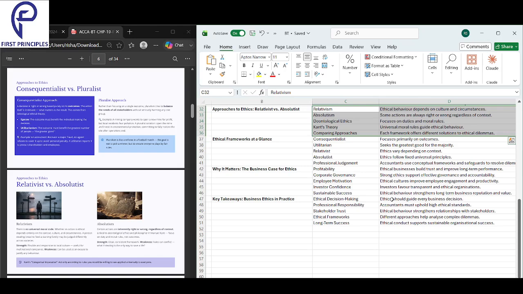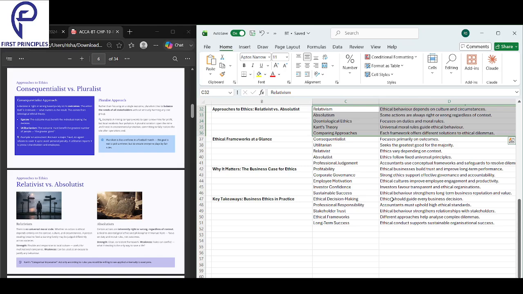In an absolutism approach, some actions are always right and some actions are always wrong, regardless of context.